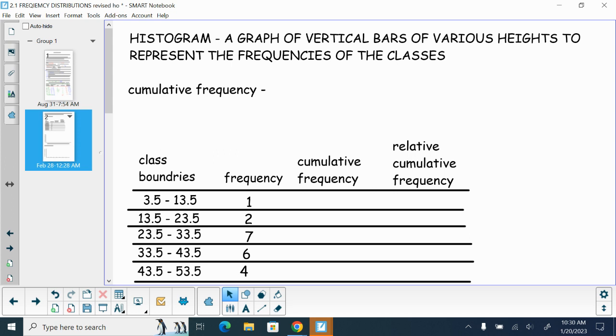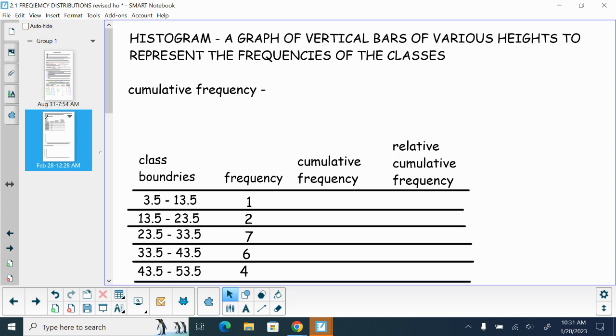Okay, a graph of vertical bars of various heights to represent the frequencies of the classes. It's a bar graph. You may have done this before, a bar graph. You may have done a frequency table before, which is what we just did. But it was more laid out for you in regards to here's your class limits and here's the values that you have. Now you're formulating those class limits.